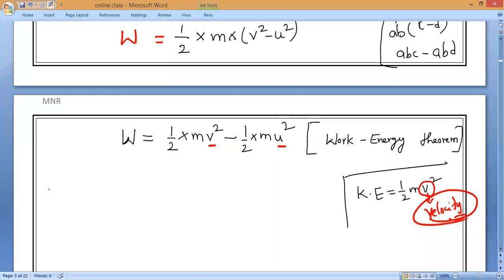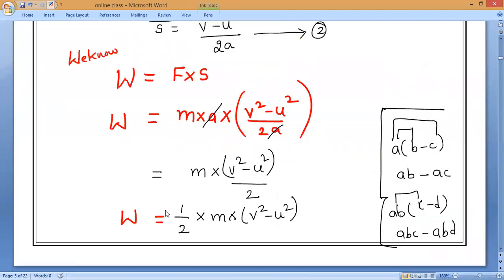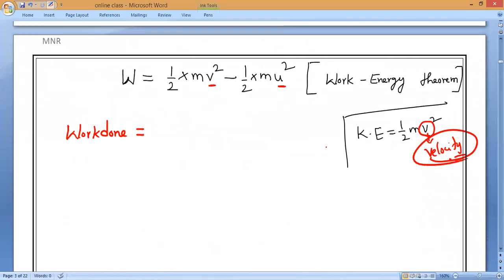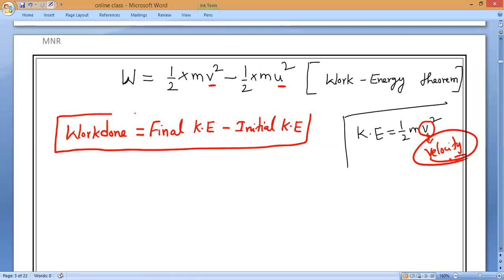So according to that, can you tell me what is the work done formula? Work done is equal to change in energy. Read the definition: change in kinetic energy. So what will the formula be? Final kinetic energy minus initial kinetic energy. This is what is called work done.